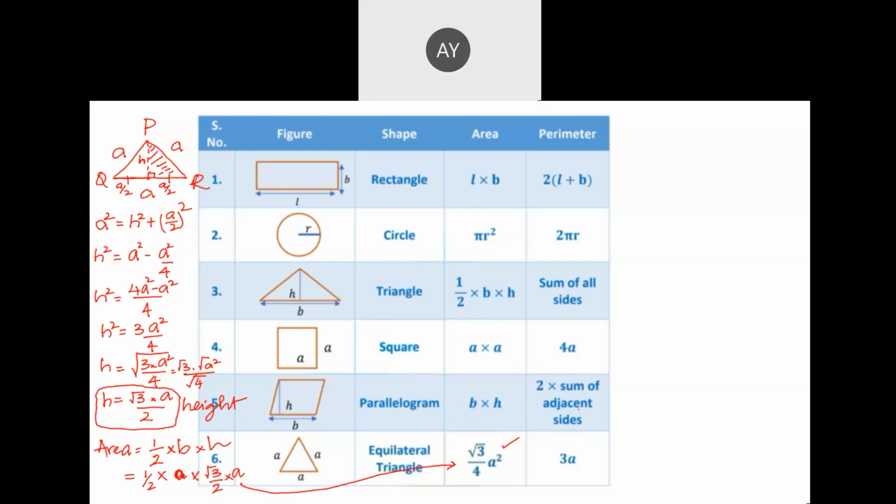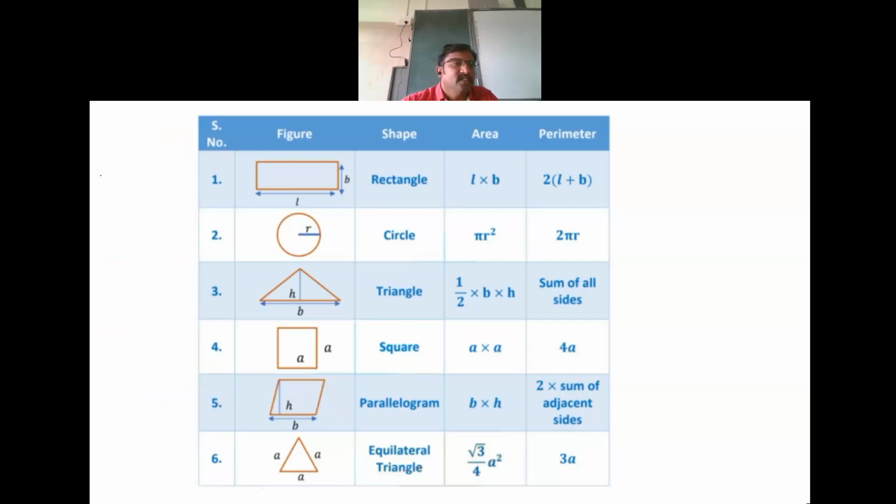In class 9th, you find area of a triangle using a different formula. Formula I am going to give, you just remember it. If there is a triangle having the sides a, b and c units, its area is given by root of s into s minus a into s minus b into s minus c.